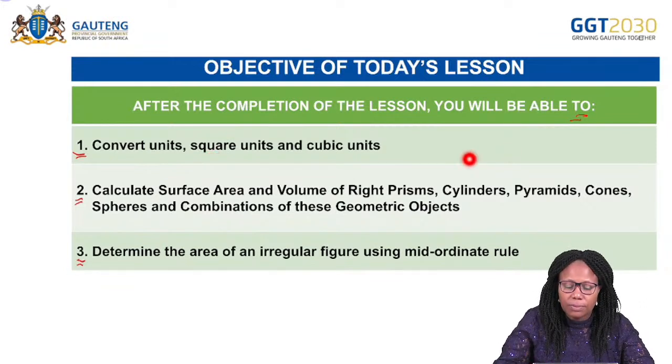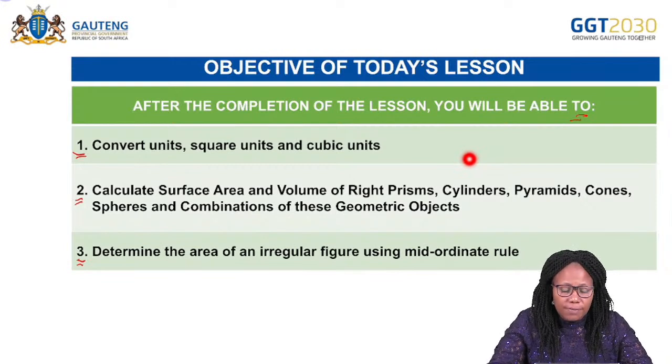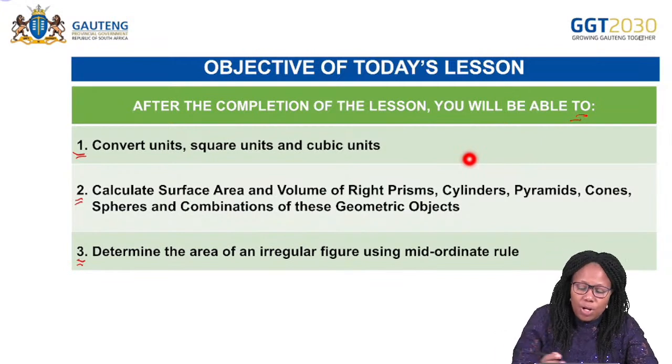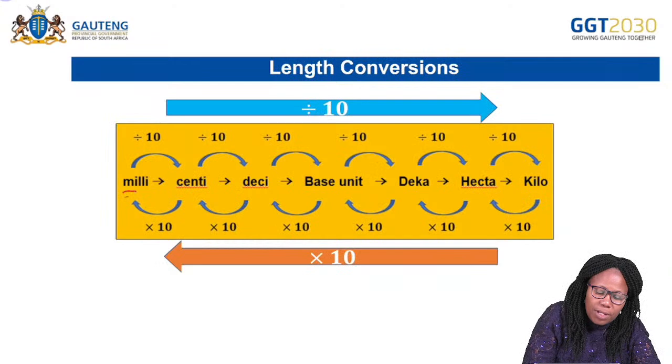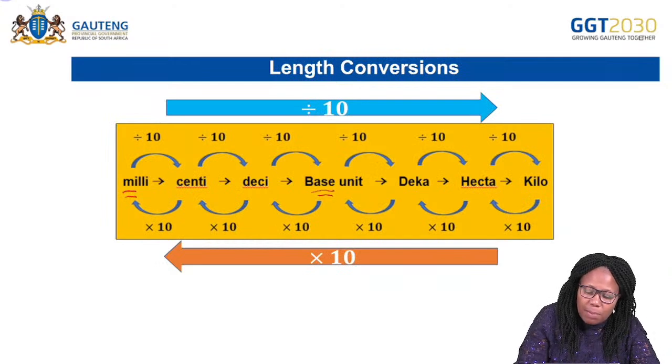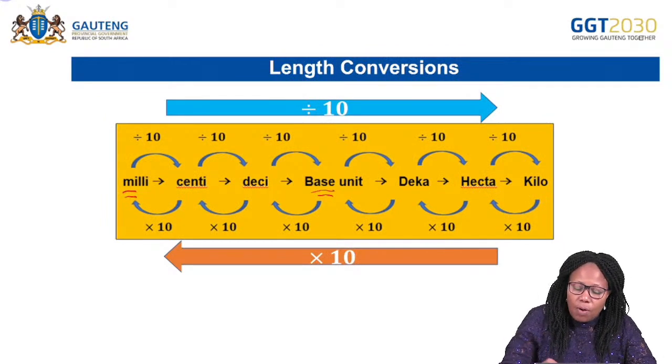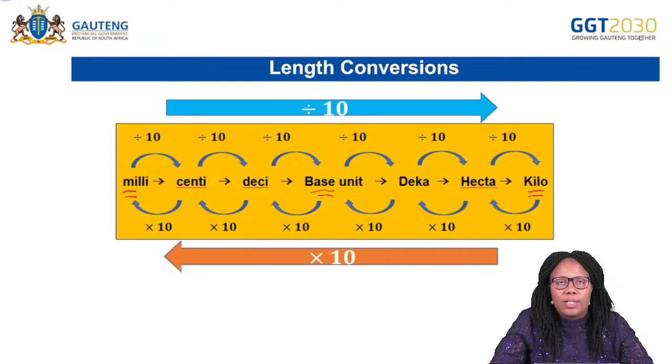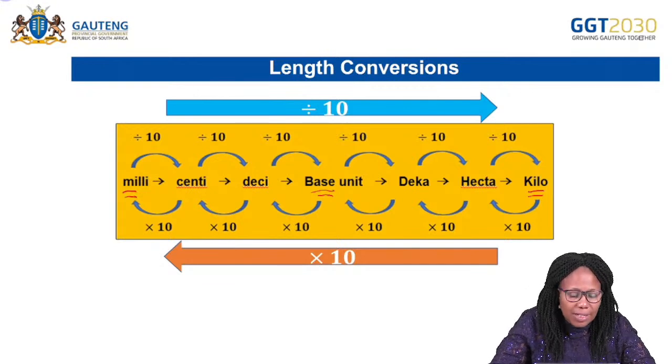Okay. Now, it is very important to know how to convert your units, grade 12. Most of the time you will be converting from millimeters to a meter, maybe as a base unit, or from that meter to kilometers. So it can be milligrams or milliliters or millimeters.